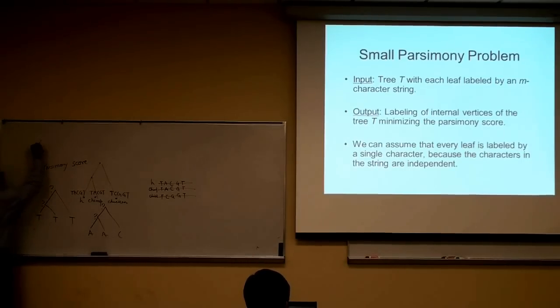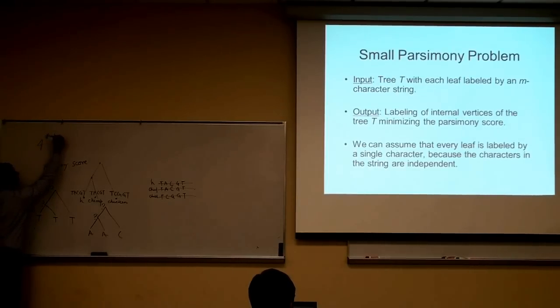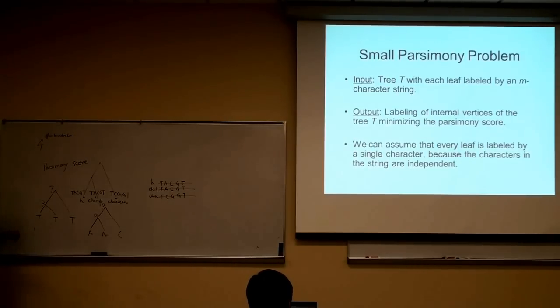So you'll have to try that many combinations of guesses for the single character at each internal node, score that complete guess, and then pick the best one among them. The number of internal nodes is about the same as the number of leaves. So your algorithm is exponential in the number of leaves. Not good.